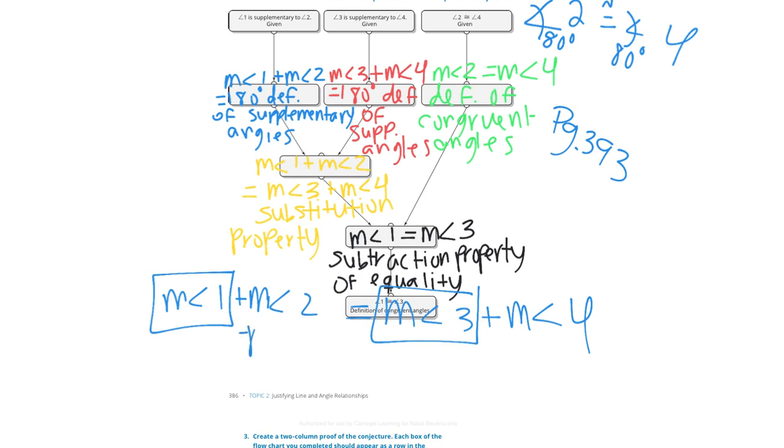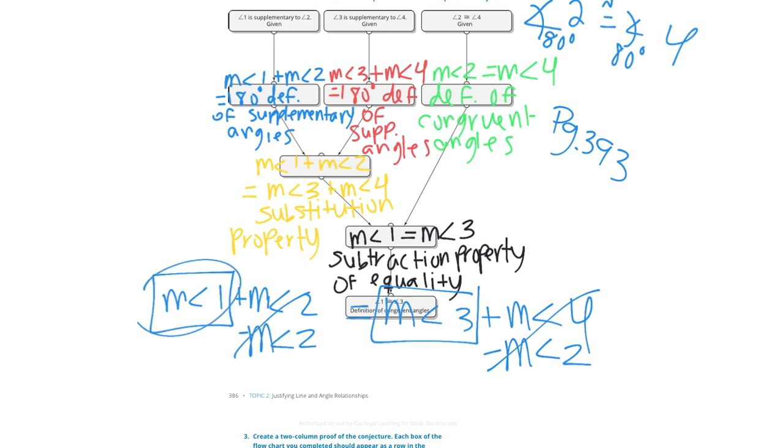So if I subtract the measurement of angle 2 here, that goes away. And if I subtract the measurement of angle 2 here, this goes away as well. Why? Because they're equal to each other, so I'm allowed to do that. And that is called the subtraction property of equality. If you subtract something on one side, you have to subtract it on the other side.